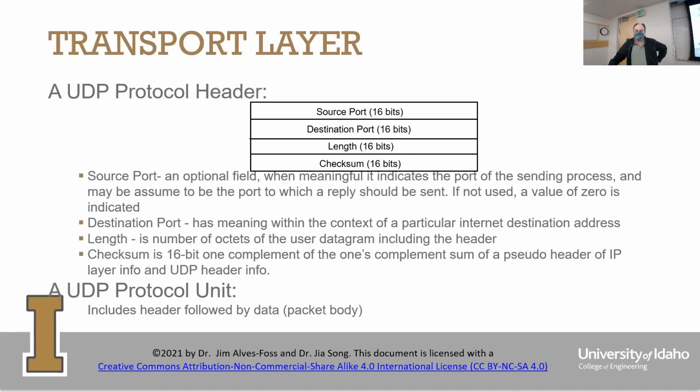It's a ones complement of the ones complement sum. If you've taken CS 150, you know what this means. If you haven't, that's okay. The length is the number of bytes in the user datagram, including the header. Now the user datagram also includes the IP header and the IP data, because that's everything the user datagram is sending.